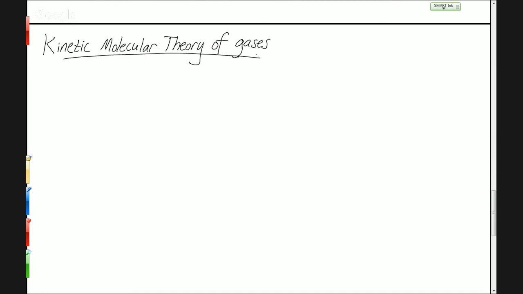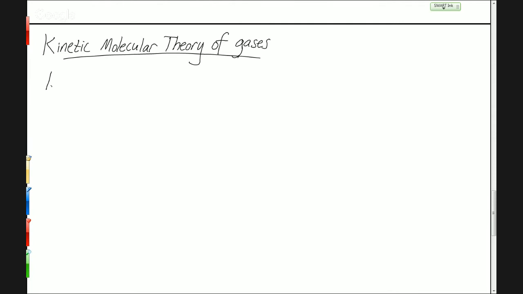The kinetic molecular theory is how we explain what's really happening here. So we're going to assume 5 things about gas molecules. And if those assumptions hold true, then we should be able to explain all these different effects that we see. So we'll look at the assumptions, and then we'll use them to explain the things that we see.